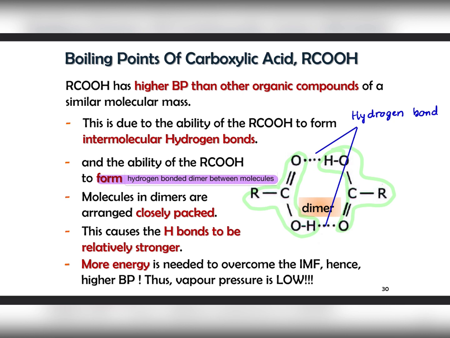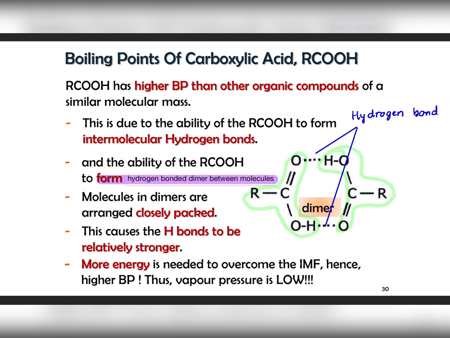So bila kamu nak cakap the ability of this carboxylic acid ni, kenapa dia has higher boiling point ataupun the highest boiling point compared to others. Okay, so kita guna ayat because carboxylic acid has the ability to form hydrogen bonded dimer between molecules. So between satu molecule and another molecule, it can form dimer. Okay.